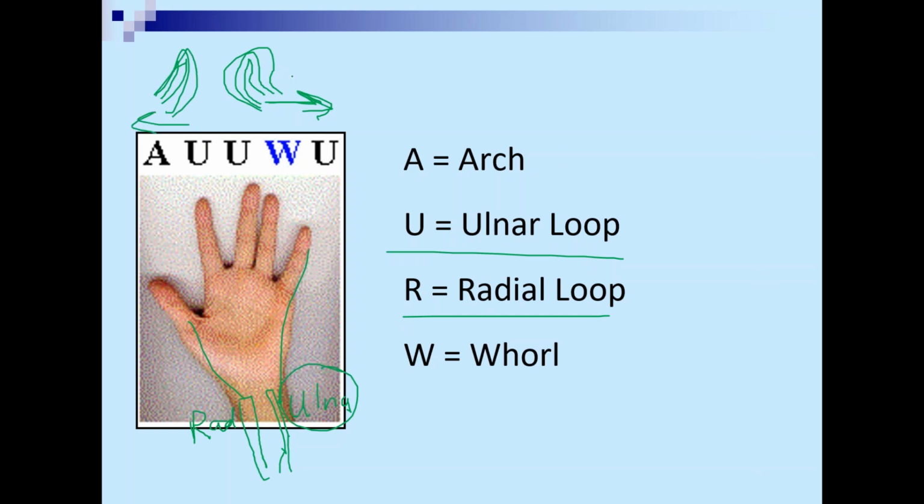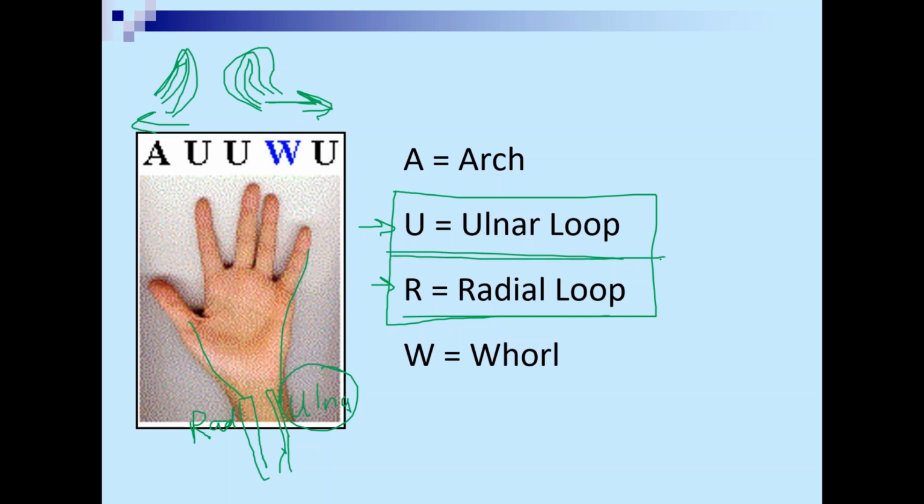But if it turns out that these prints were made from the right hand, then all of a sudden that switches, and what was an ulnar loop becomes a radial loop, and what was a radial loop becomes an ulnar loop. So you can take an unknown print, and this was part of the problem with the assignment this week. I asked you to classify things as ulnar or radial loop, but I don't tell you what hand it came from. So for an unknown print, you can't really classify the print as ulnar loop or radial loop.